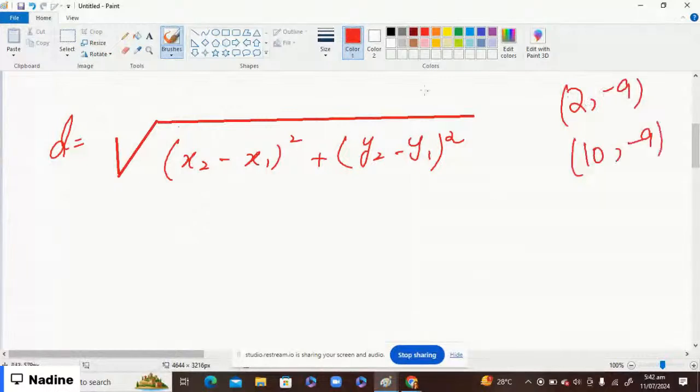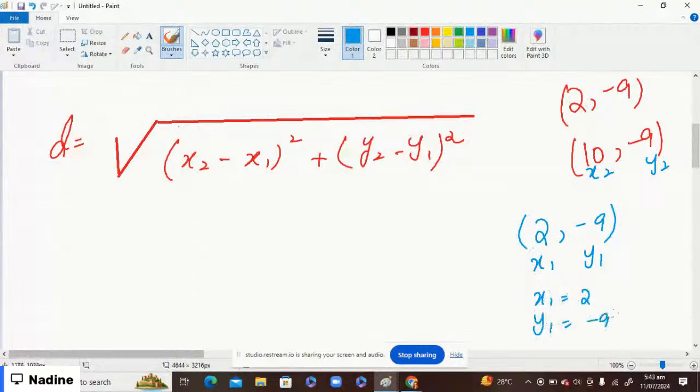In the first point, look at here. What is x and y? So in 2 and minus 9, this is x1, y1. This is x2, y2. First of all, you're going to write down all the values. What is x1? This is 2. What is y1? This is minus 9.